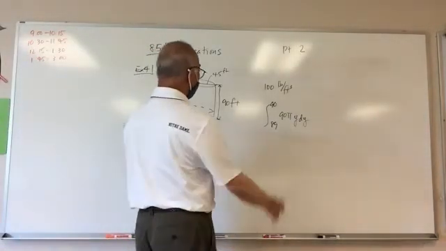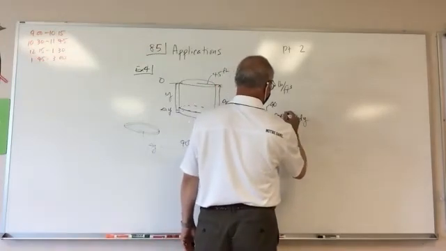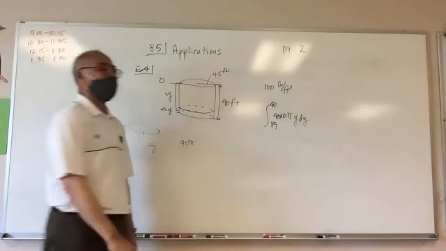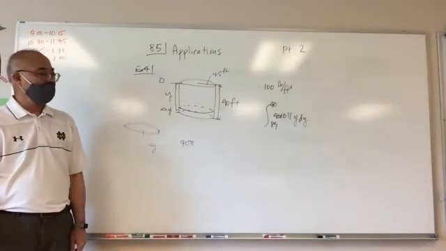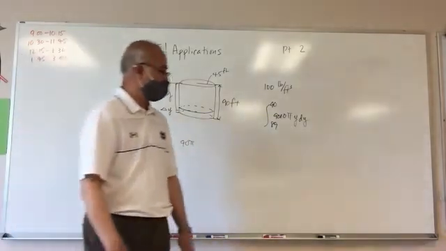And then we have to do the 100, so we have to put that in there. 100 is coming from the weight density. And that's it, I think.